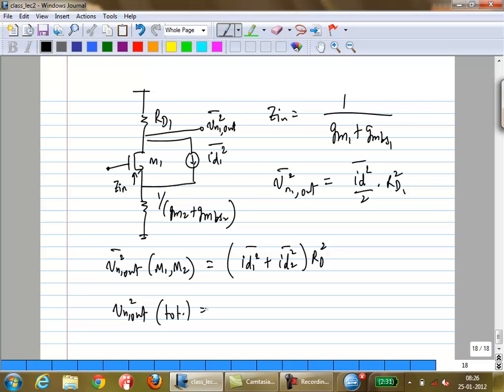What is the total one? Now you can add the resistor noise also. Resistor noise, you already know how to do that, right?